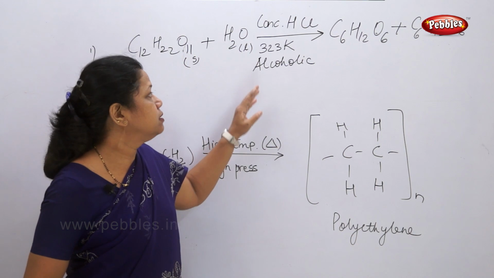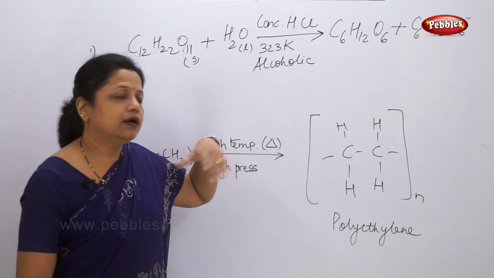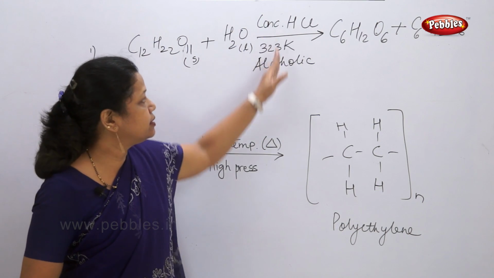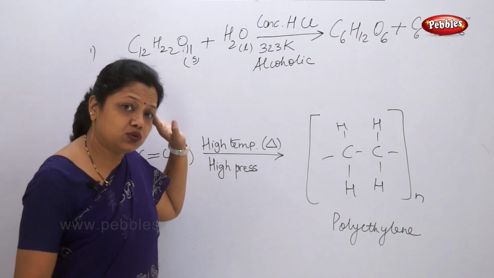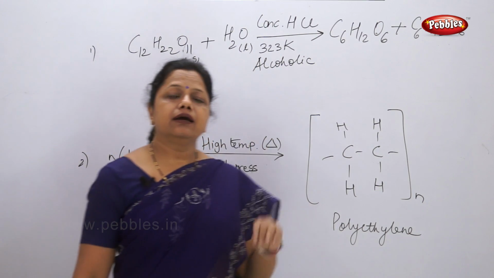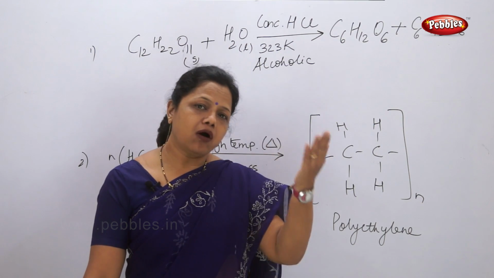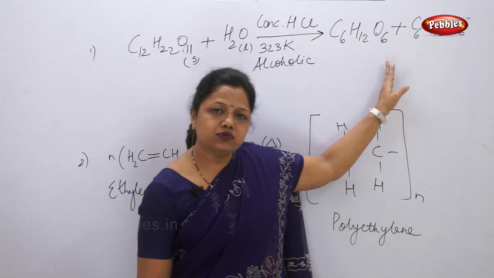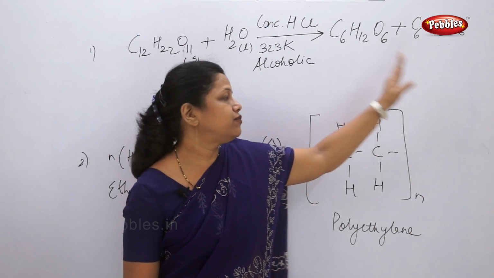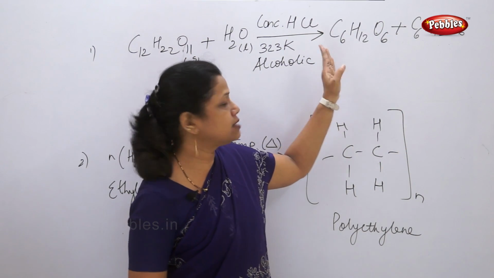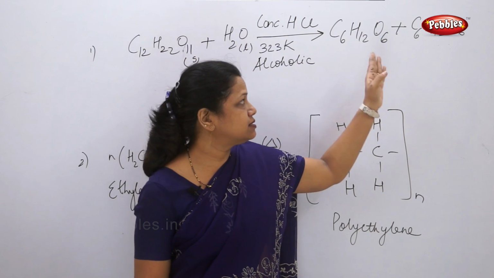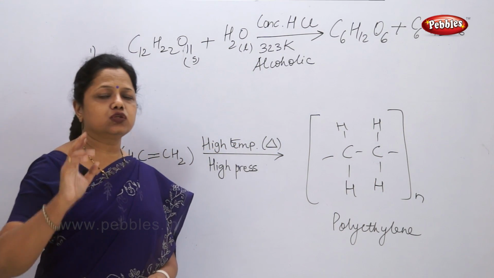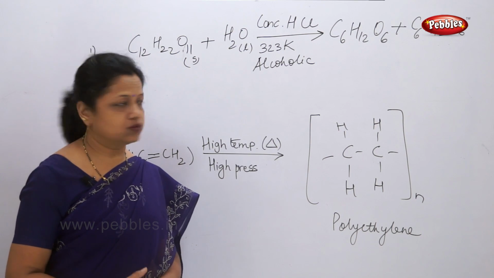These are the conditions required, and conditions have to be written above or below the arrow. Then it forms 2 types of sugars called glucose and fructose, C6H12O6 plus C6H12O6.